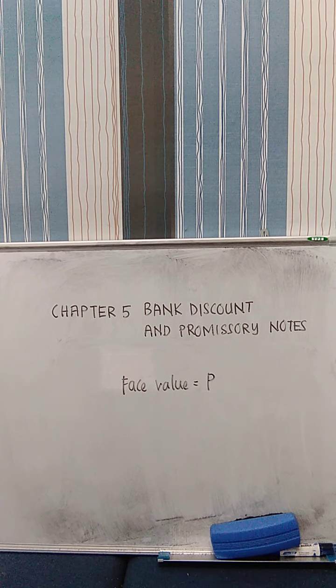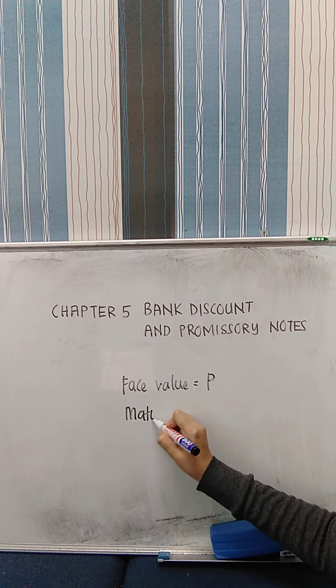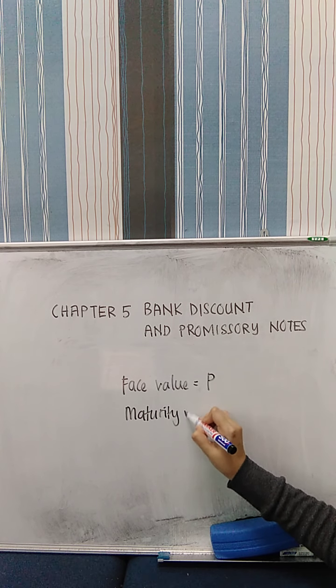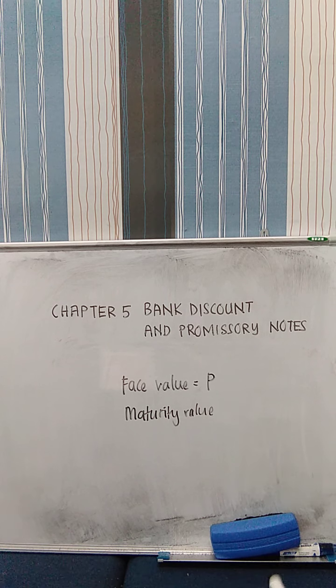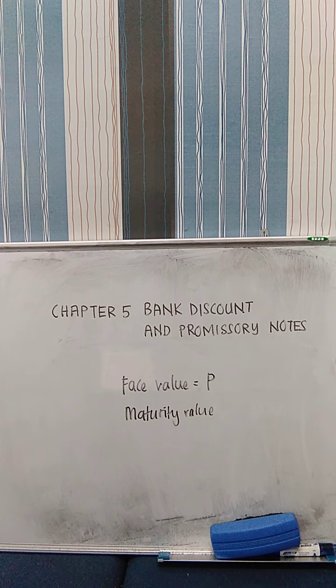Next, term number 6 is maturity value. What is maturity value? Maturity value is the total sum of money which the payee will receive on the maturity date.